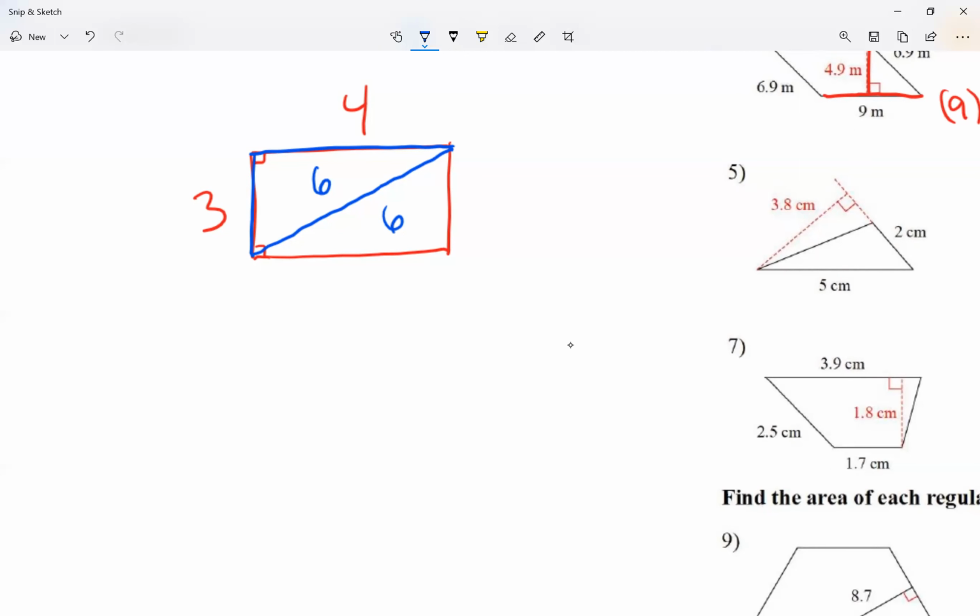Notice I highlighted in blue. Half of a rectangle is a triangle. So for triangles, I'm going to multiply the two numbers that make the 90-degree corner. So the two numbers that meet at the 90-degree corner, that's my rectangle. But for a triangle, I'm going to divide it by 2.